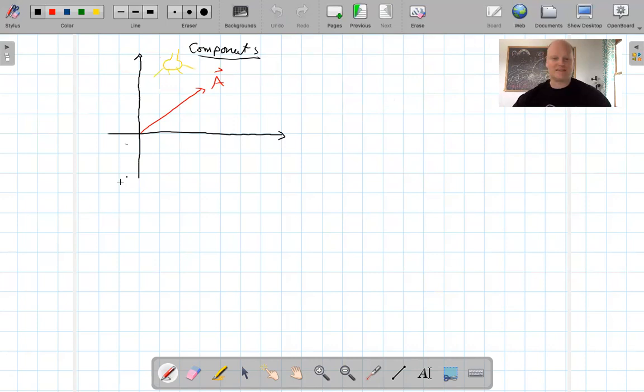So this light is coming down, and this vector is going to block this light, which is going to create a shadow onto this axis. So for now, let's just call this the x-axis.